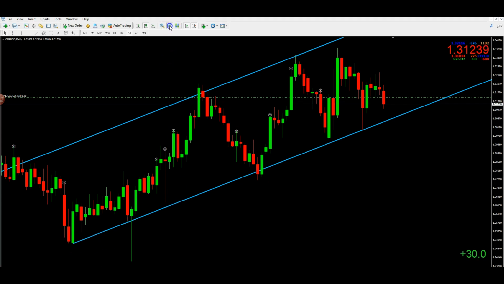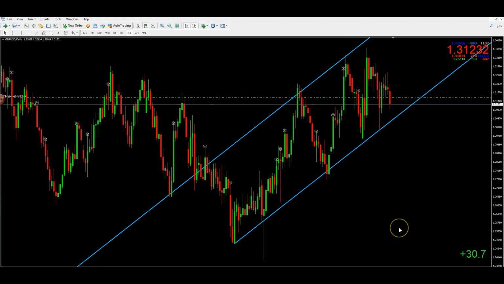Let's just zoom out a bit. Before the uptrend started, there was obviously a downtrend, and this was the low, and from here the price began to go up, going up until it hit the top of the channel, and then it bounced off it, came down, hit the bottom, went back up, hit the top, and so forth.